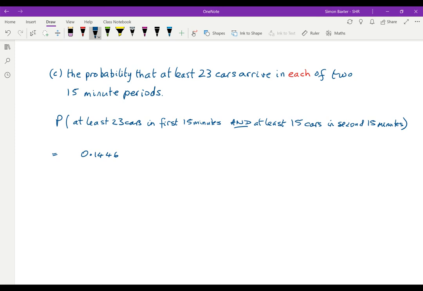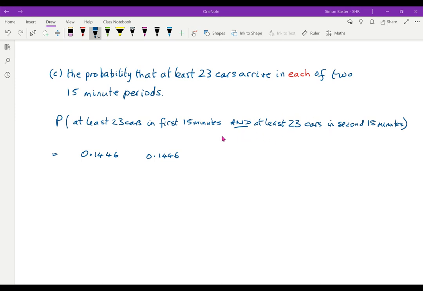The probability of having at least 23 cars in the second 15 minutes is going to be the same. 23 in the first 15 minutes, 23 in the second 15 minutes.